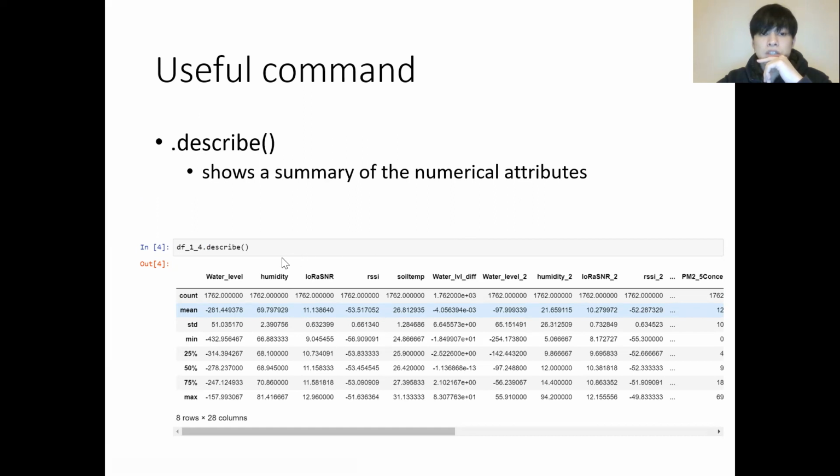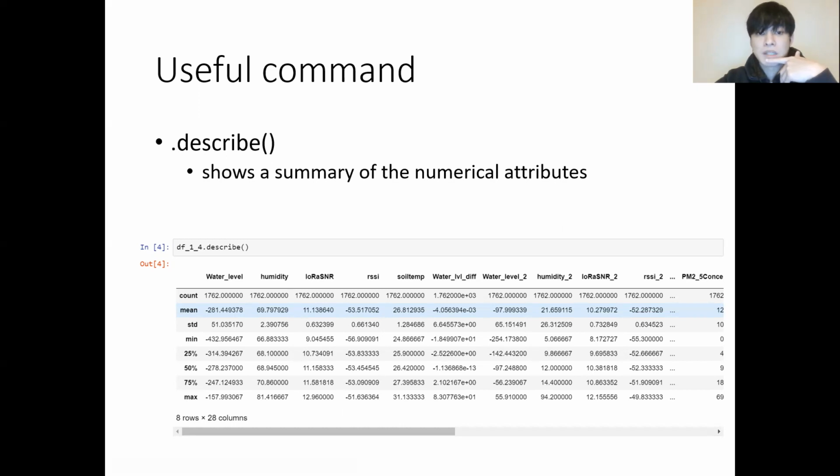When you use dot describe for each attribute, you can see how many entries there are, what is the mean, what is the standard deviation, what is the minimum value, and the max value. This is very useful because when you conduct data analytics, sometimes there are a lot of different characteristics or features or attributes.